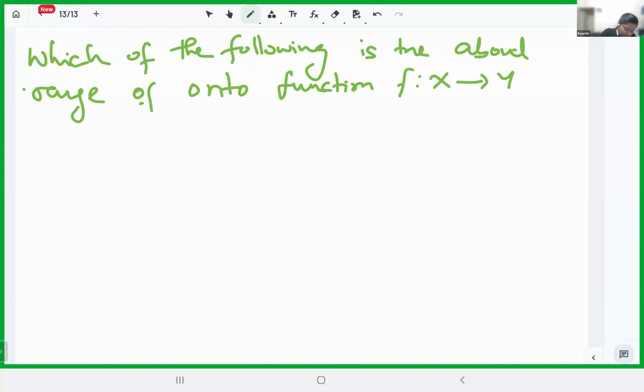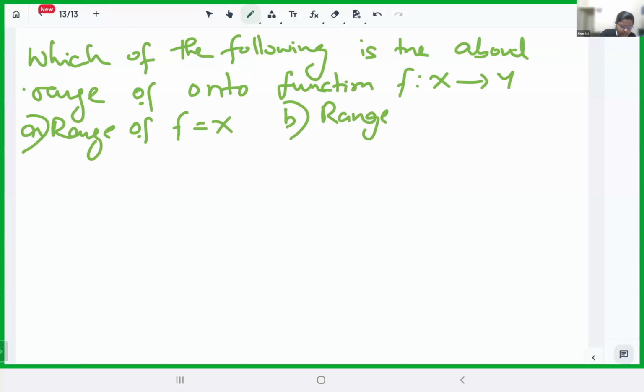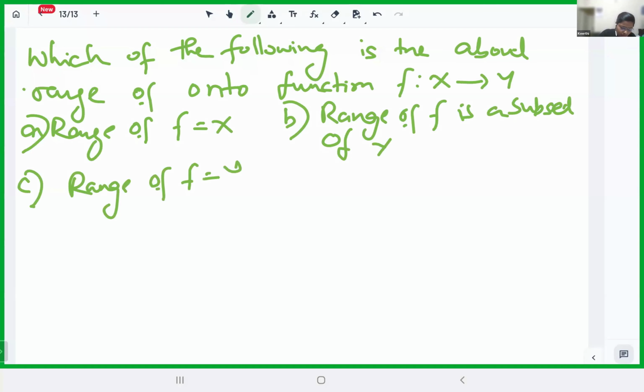A: range of f is equal to X. B: range of f is a subset of X. The third option is range of f is equal to Y. And the last option is none of these.